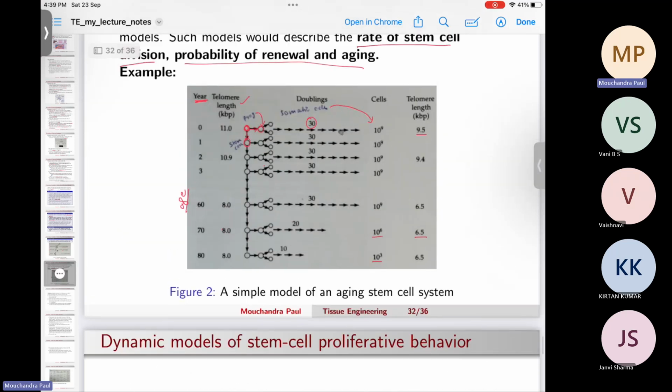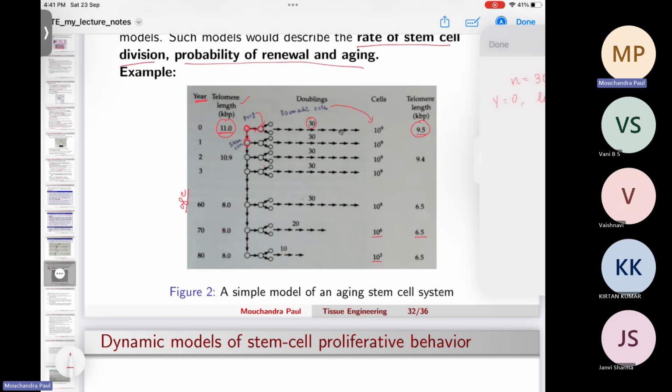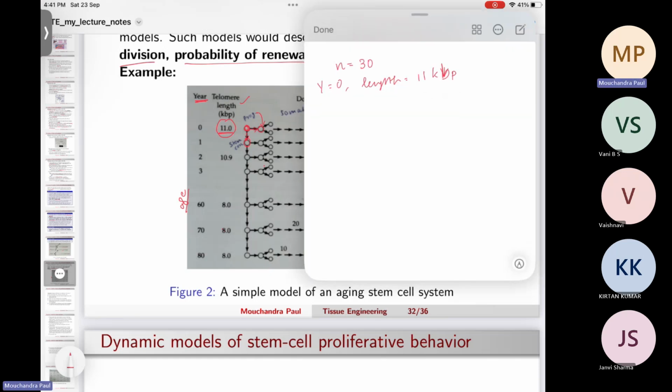Means you have to understand what is the difference between the telomere length in the stem cell and in the differentiated cells. So what you will do, it's easy, right? We'll just simply subtract 11 minus 9.5.